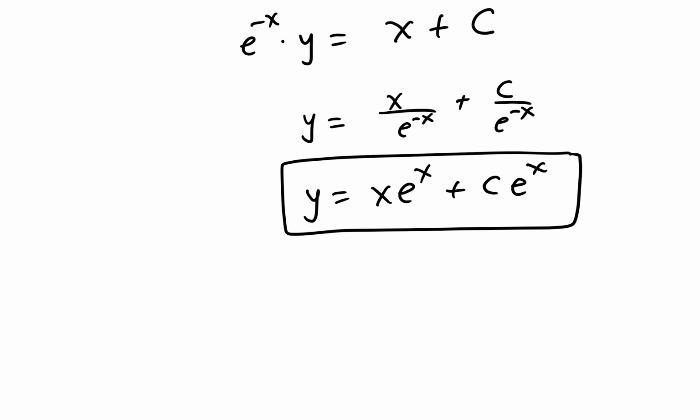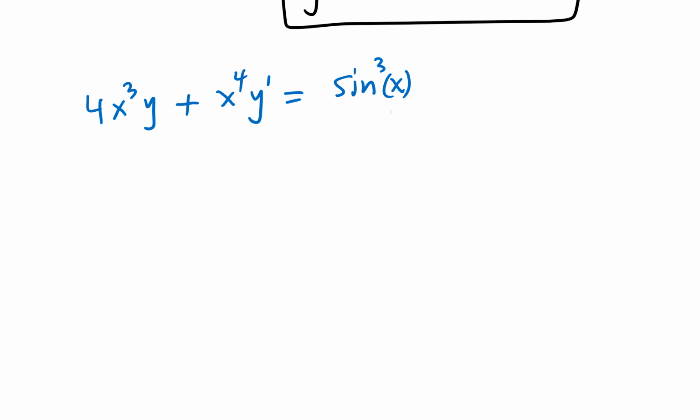Again, solve, let's say, 4x cubed y plus x to the 4th y prime equals sine cubed x. So the first thing, I need to rearrange this. X to the 4th y prime, I put the y prime first, and then it doesn't look like y prime plus something.